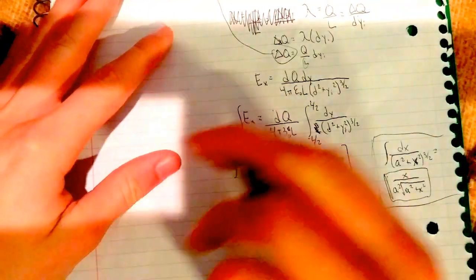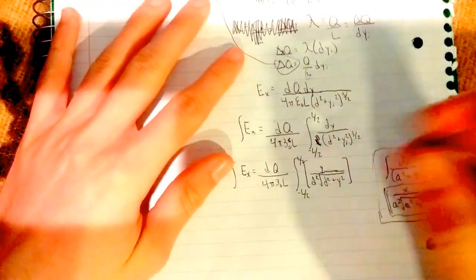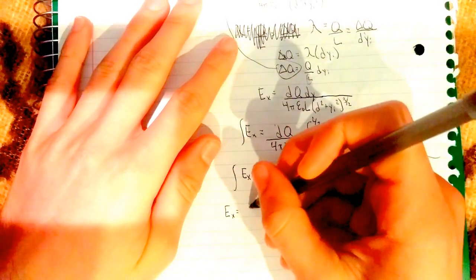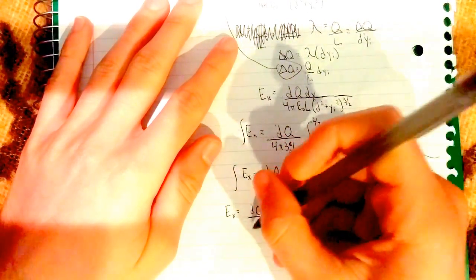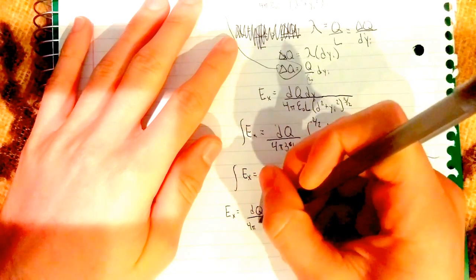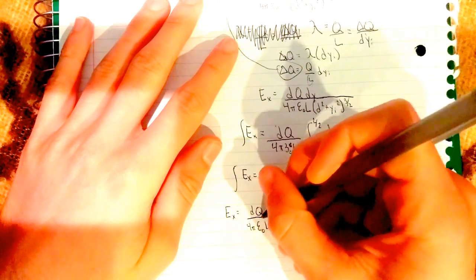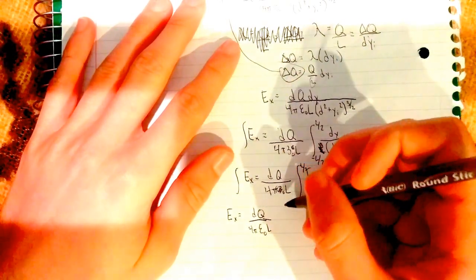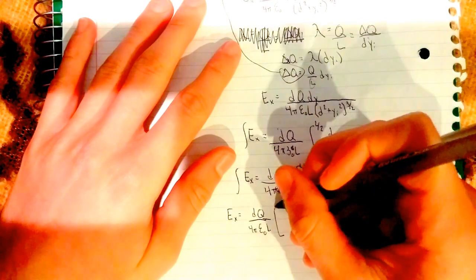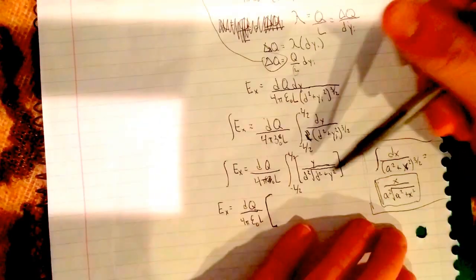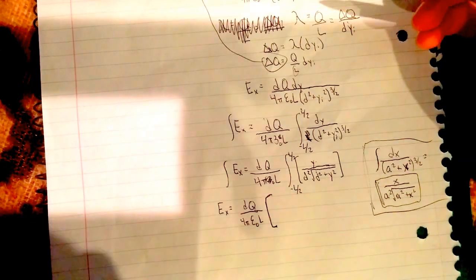Now, so we got Ex, dq over 4 pi epsilon naught, oh, that should be epsilon naught L. So in this situation, we're going to be substituting in L over 2 for all the y's we have in this here.